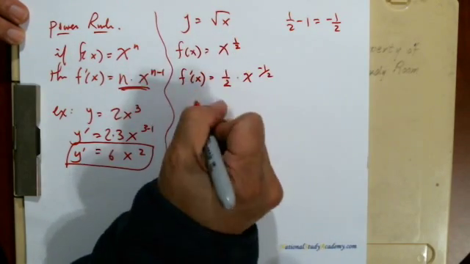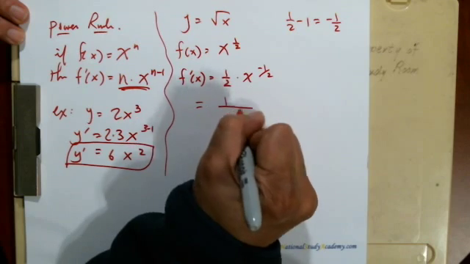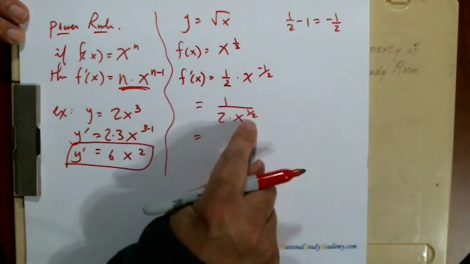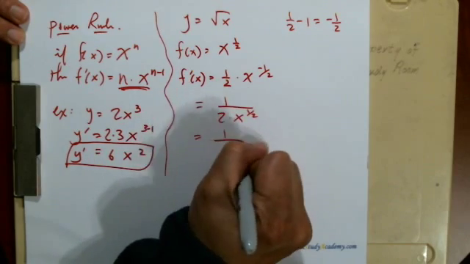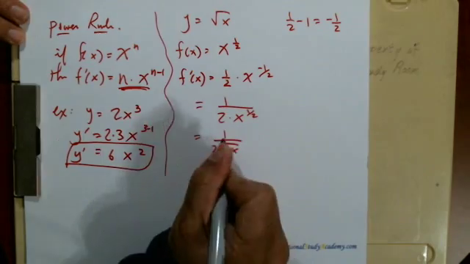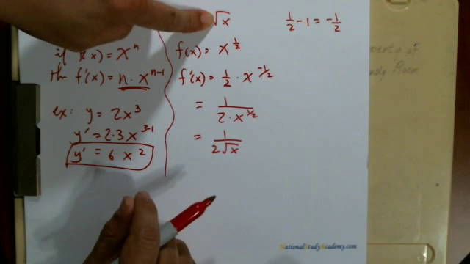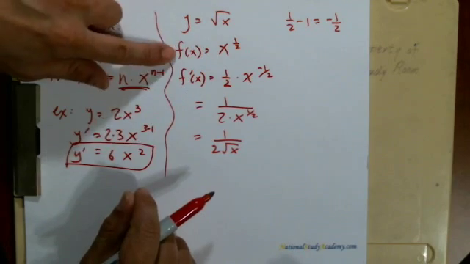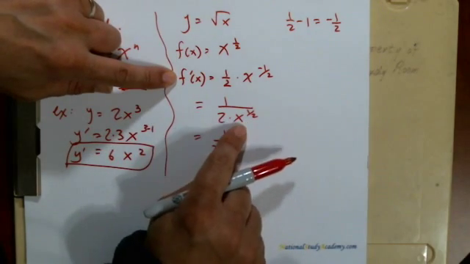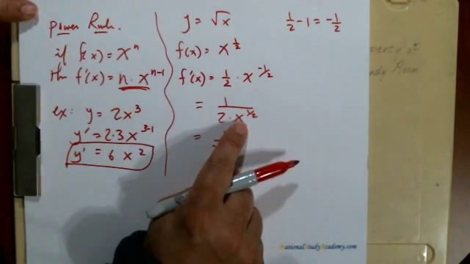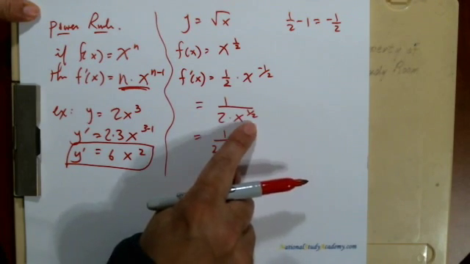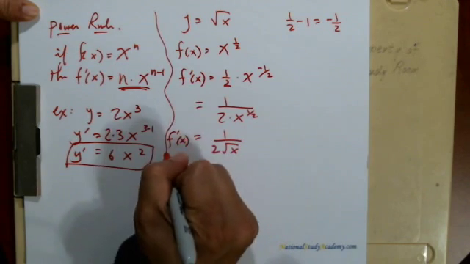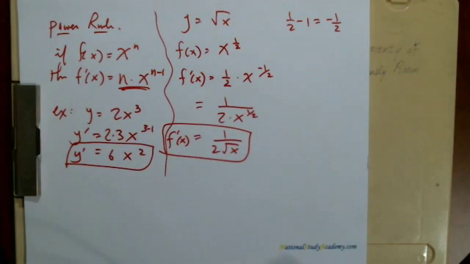How do you get rid of the negative? It's 1 over 2 times x to the 1/2. What's x to the 1/2 in the denominator? 1 over 2 radical x. So going from radical form to exponential form, using the power rule, we get the derivative, and then we simplify it from a negative exponent to down here, and then we go from exponential form to radical form again.